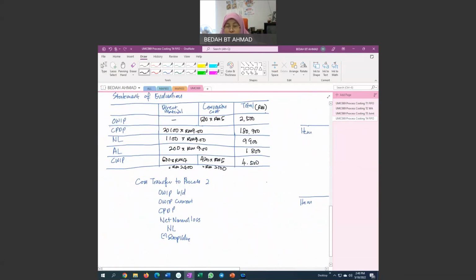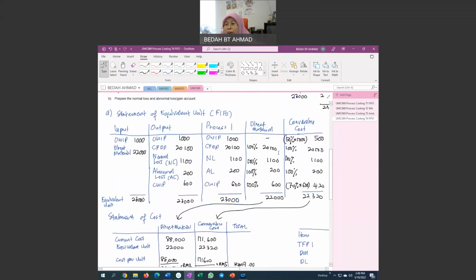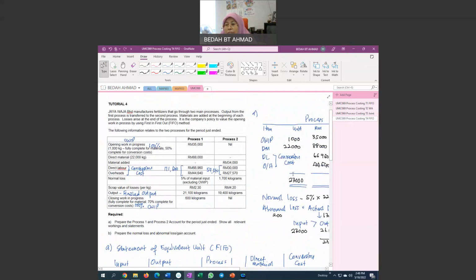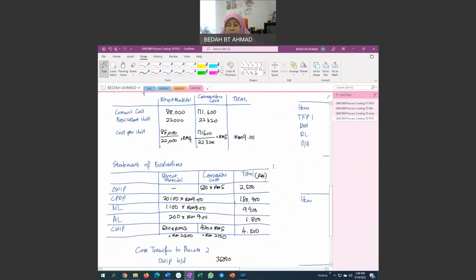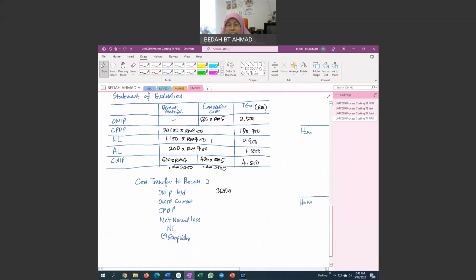The opening work in progress brought down that we get from our process 1 account is 35,000. Then we have the opening work in progress here, 2,500. The CPDP, completed production during the period, is 180,900.